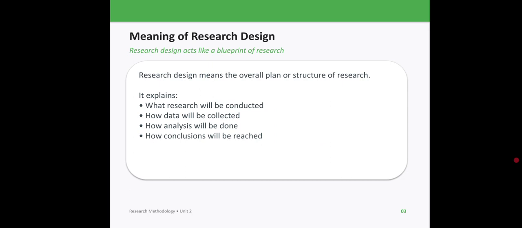Just as we need a proper plan before building a house, researchers also need a proper plan before conducting research. Without a proper plan, or without a proper blueprint, or you can say without a proper roadmap, research becomes confusing and time gets wasted.